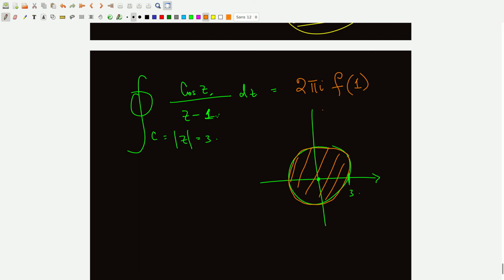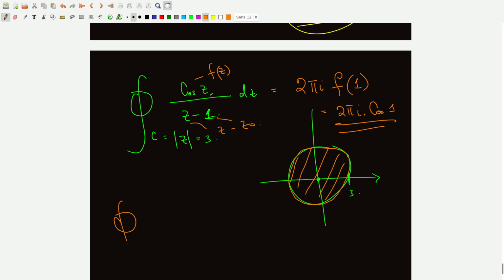So this is going to be 2 pi i cos of 1, because this is our f of z, and this is z minus z0. So we have 2 pi i times cos of 1. Then you can simplify that.